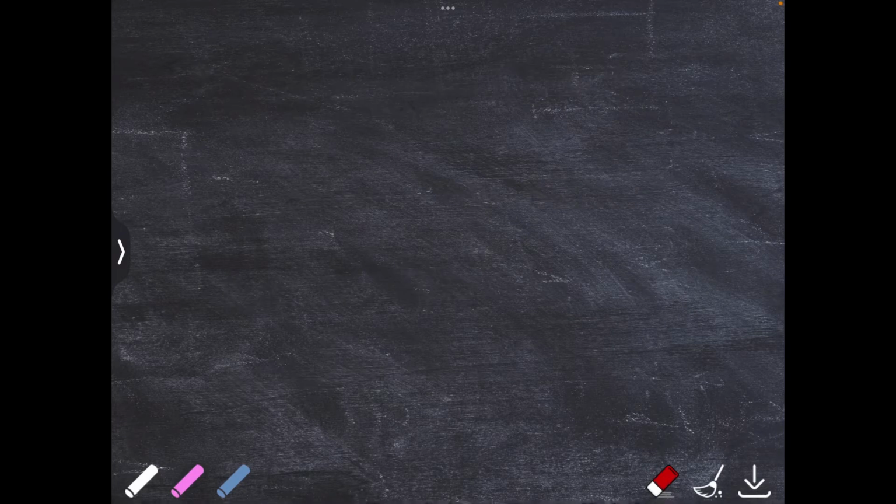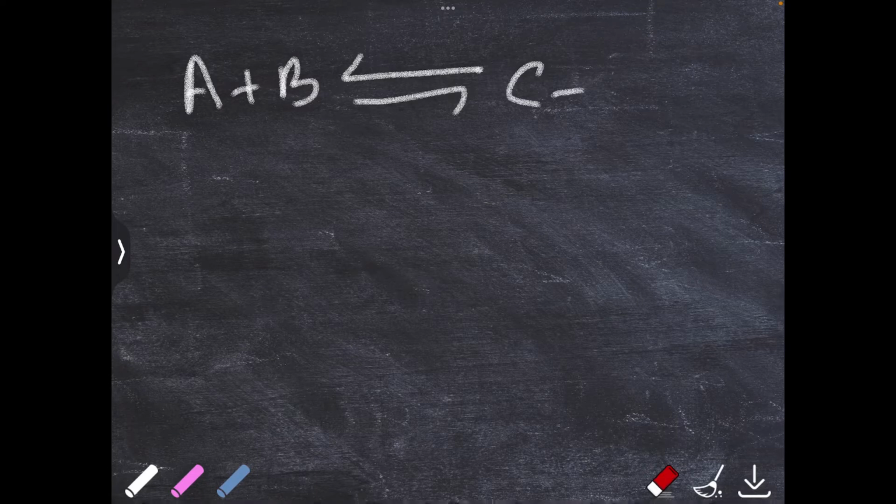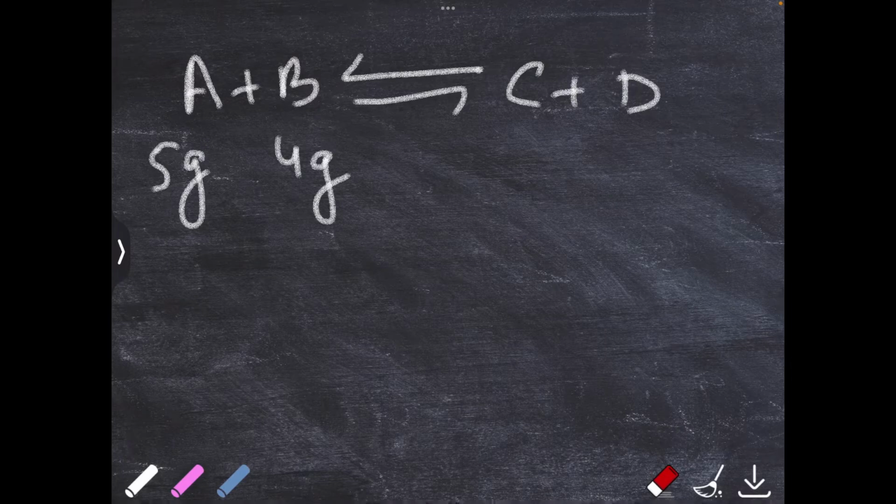B, supposing the amount of A when the equilibrium has arrived is, let's say, 5 grams, and this is 4 grams, this is 3 grams, and this is 6 grams, then this amount will not change.